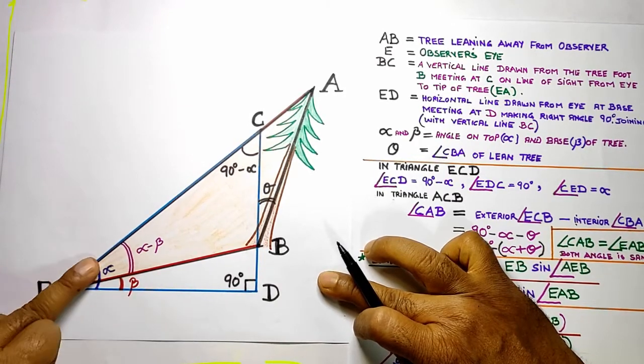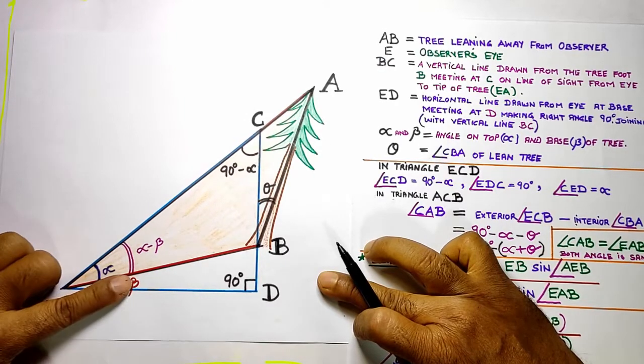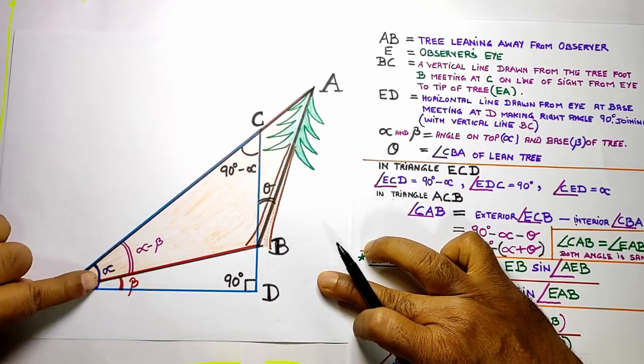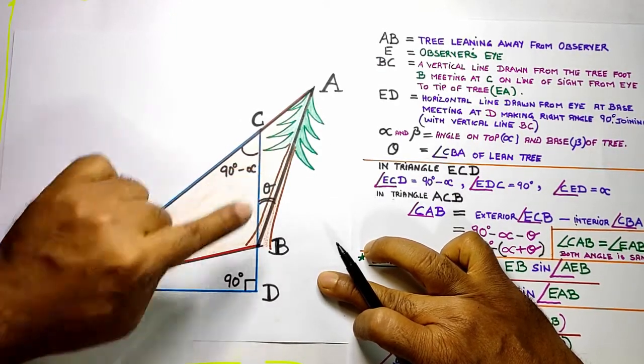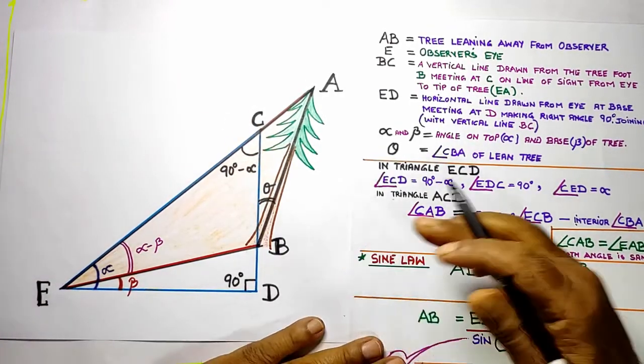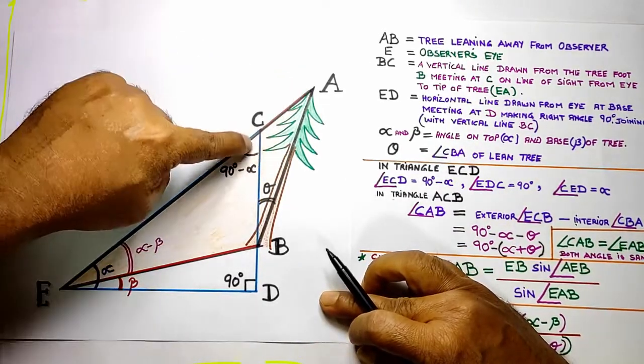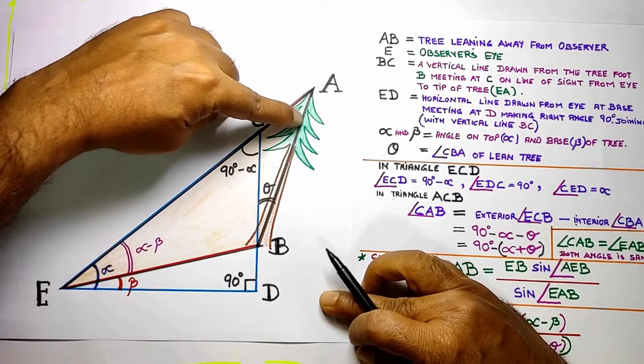Up to BED is beta. So we get 90 minus alpha, and this 90 we get in CED. Now in triangle ACB, because this we need to calculate.